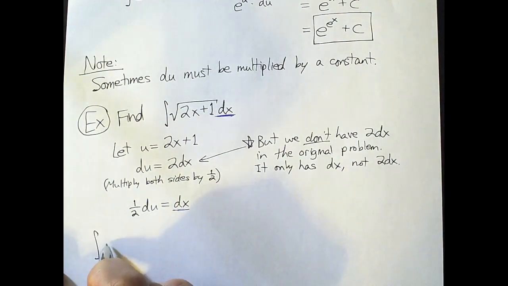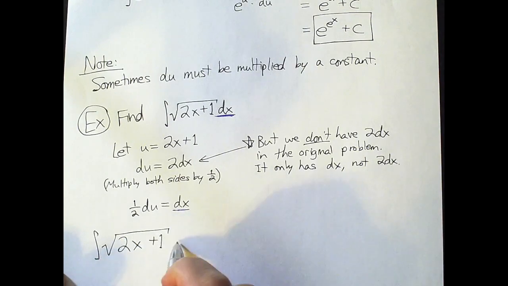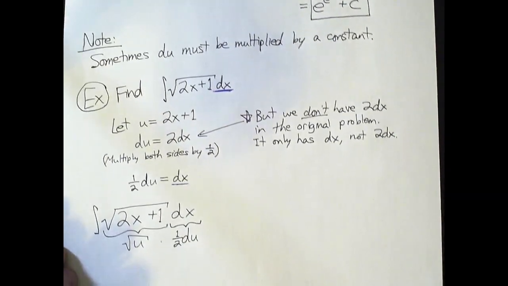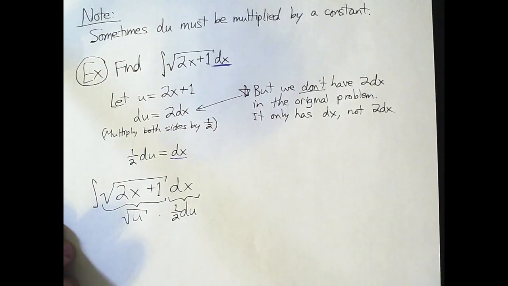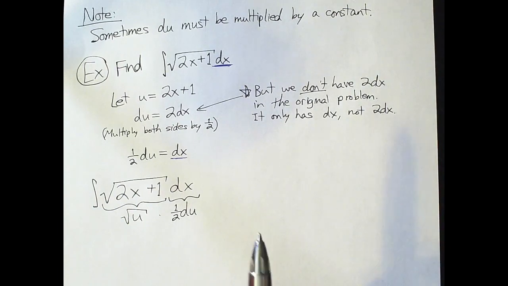So in the problem, square root 2x plus 1 dx, we could take dx and replace it with 1/2 du. And then the rest of the problem is the square root of u. So you see the problem was kind of off by a factor of 2, and we're fixing it by multiplying by 1/2.